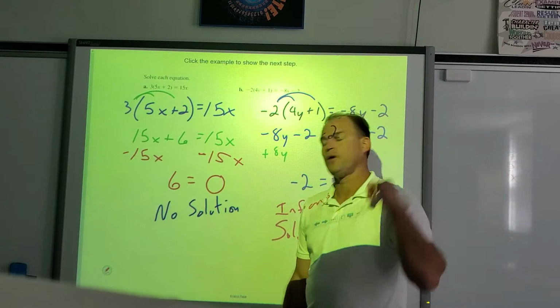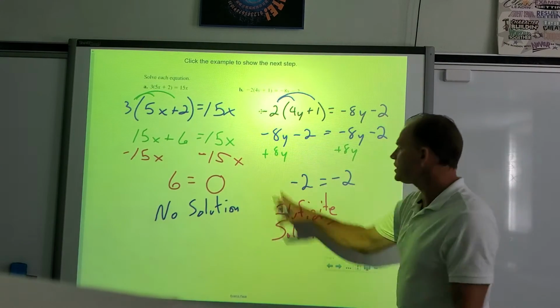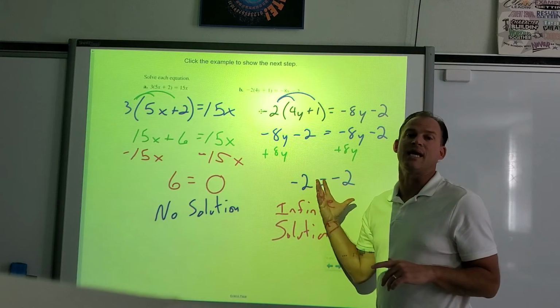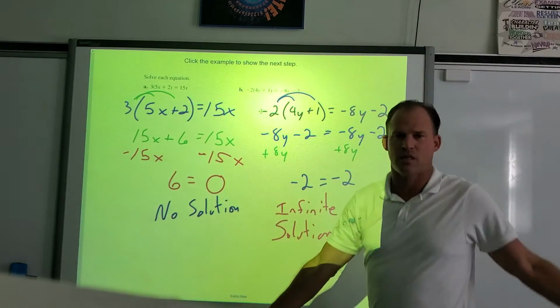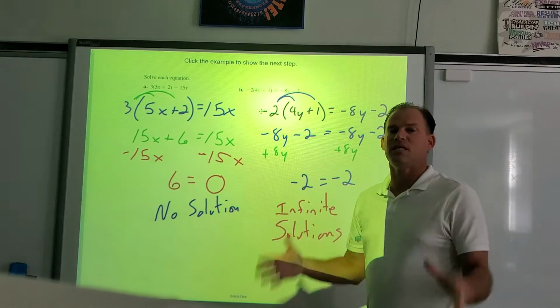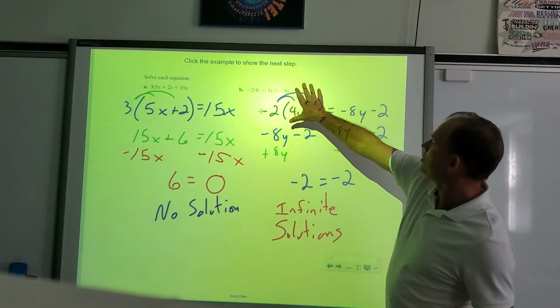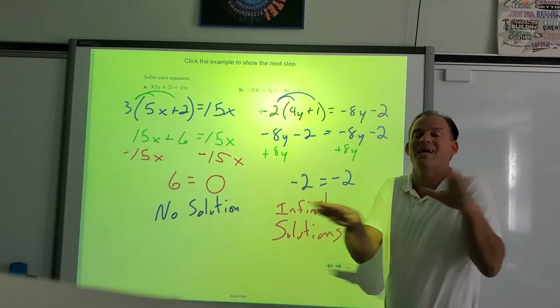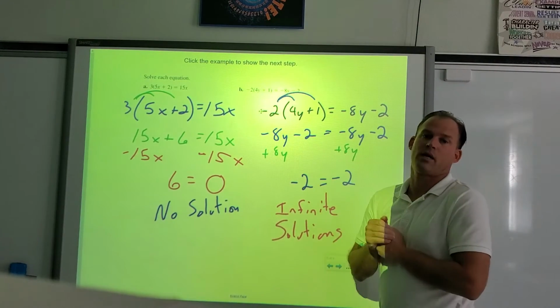It means there are infinite solutions. In this situation where the variables are gone and you have a true statement at the end, that means everything works. Every number in the entire universe will plug in for y here and be true. Pick a number, plug it in, it'll work out to be the same.